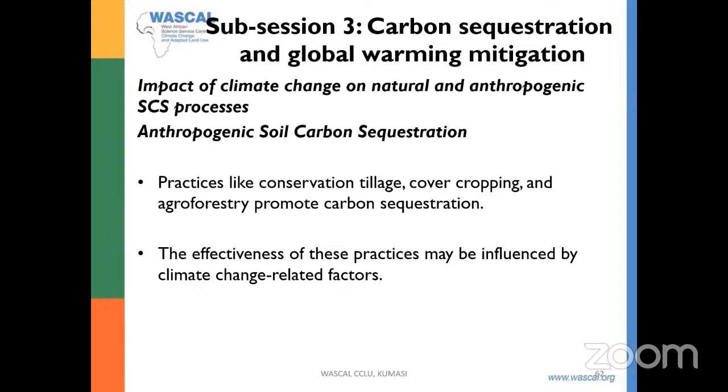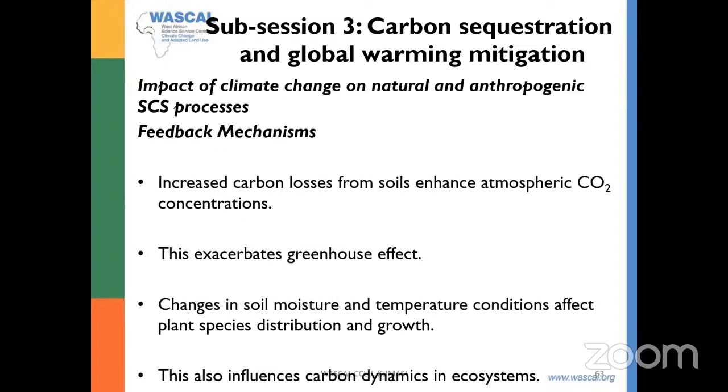So both the natural and the anthropogenic are being affected by the current climate change situation. What are some of the feedback mechanisms in this? Now, when there is increased carbon loss from soil, it increases the concentration of carbon dioxide in the atmosphere.